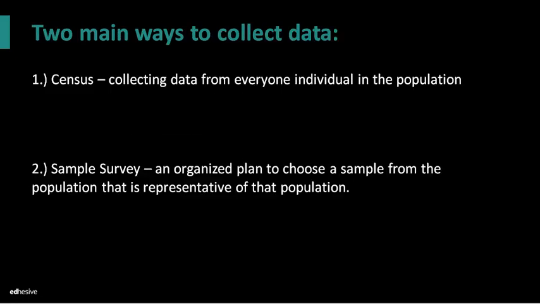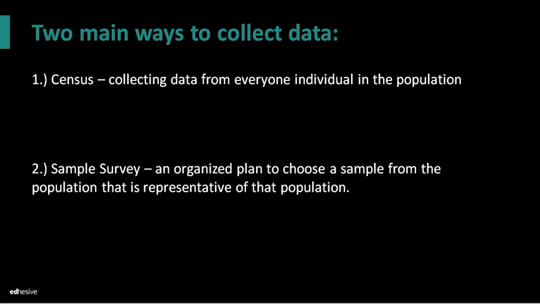Now, there's two ways to collect data. One, we could do what's called a census. A census is collecting data from every single individual in the population, collecting data from everyone. And that's pretty difficult to do. Not impossible, but pretty difficult. If your population is really, really big, it's hard to collect data from everybody.